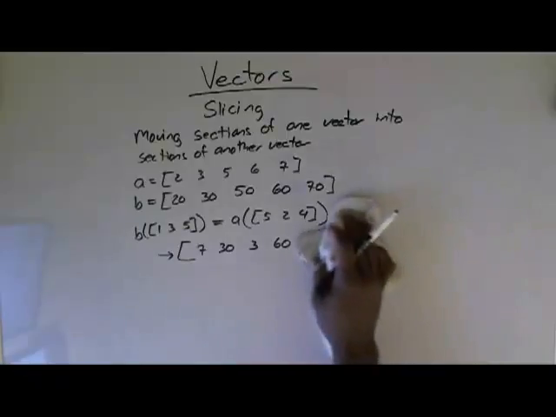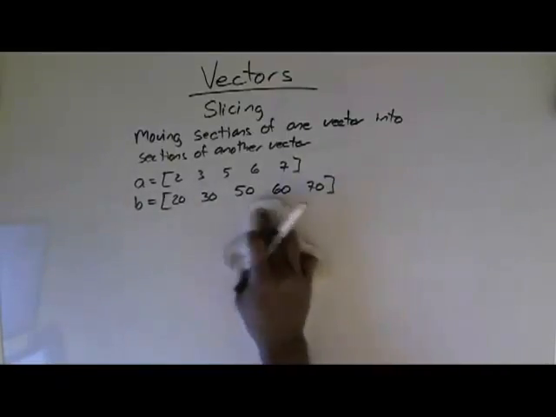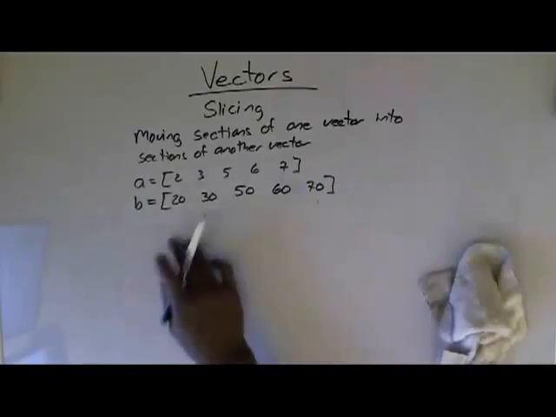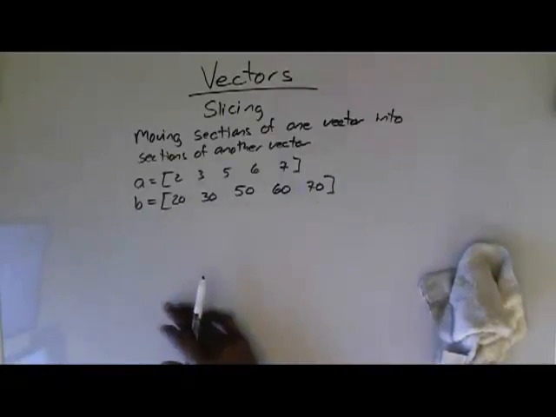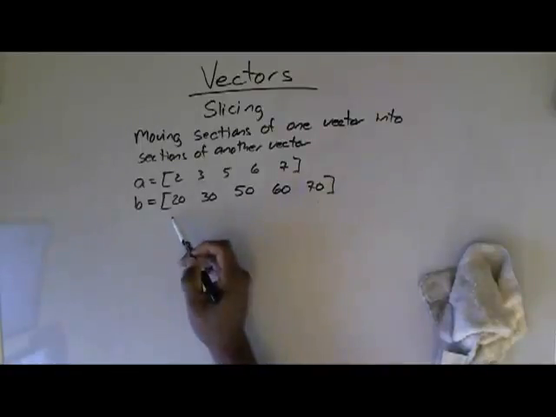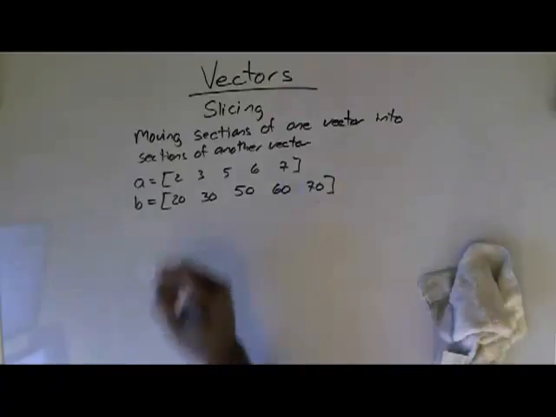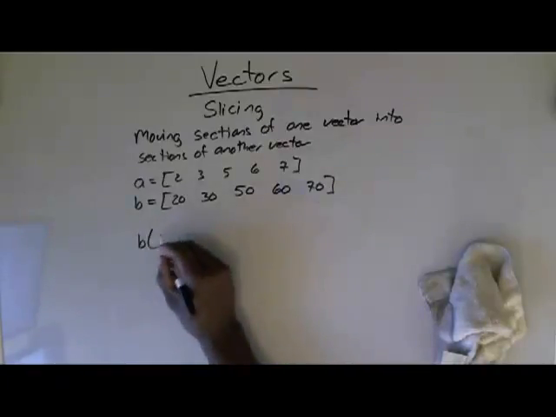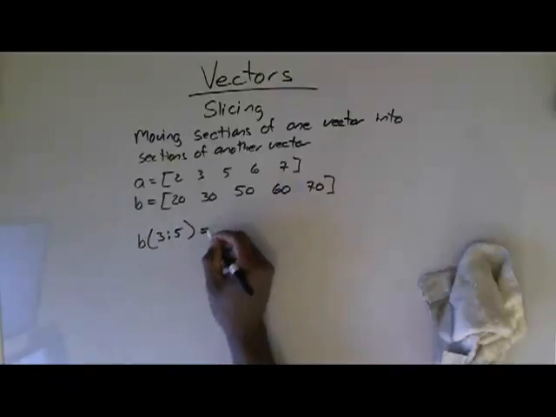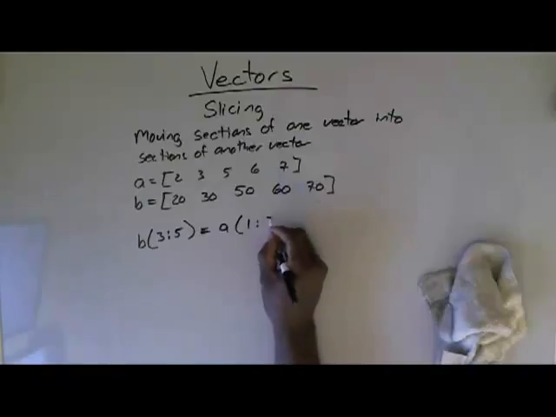Okay, let's do another one. I have to keep erasing because every time we do a slicing operation, the value of B changes. So I can't use B down here lower and assume I'm going to get this. Okay, I can do B at 3:5 equals A at 1:3.